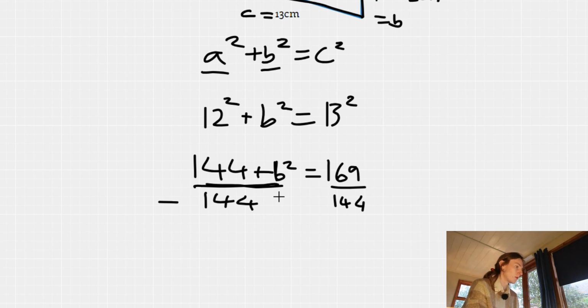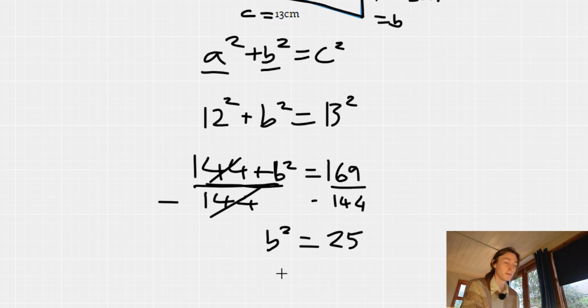That is the main goal of rearranging when you have an unknown, is to get the unknown term by itself. And in this example here, we have 144 plus b squared. So if we minus 144 by this, it simply removes that. So we have b squared here. And if we put 169 minus 144 in a calculator, we find it comes out as 25.